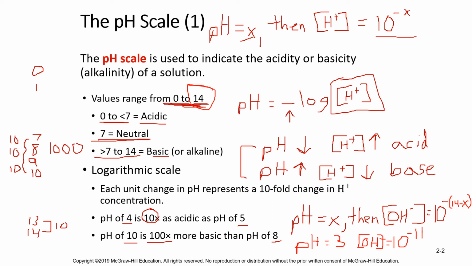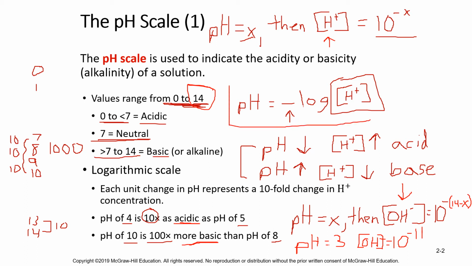So now to do those three maths, be able to calculate the concentration of hydrogen ions, be able to calculate the concentration of hydroxide ions, and be able to compare more acidic or more basic if I give you two pH values.